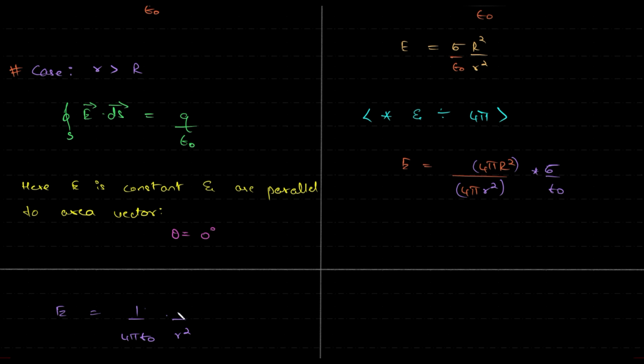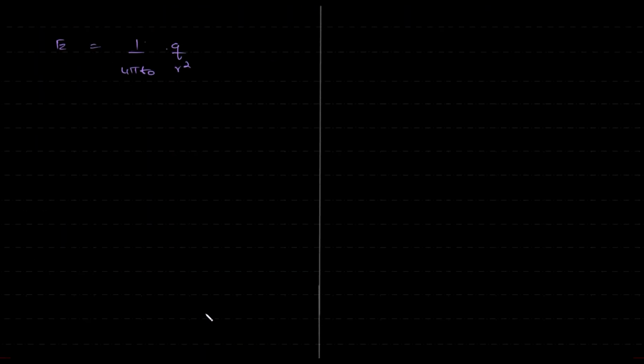Yes, it looks like E. Correct, your normal formula for a point charge. So whenever we are looking at a spherical structure with charge, from outside the sphere it looks as if there is no sphere, it is just a point charge.